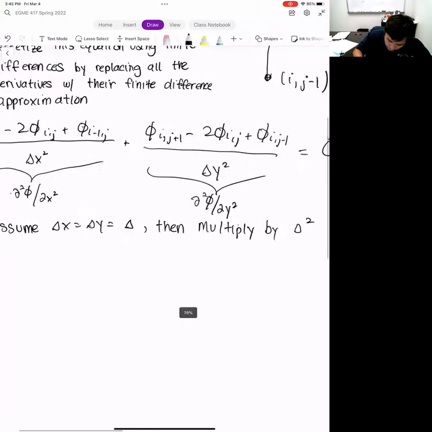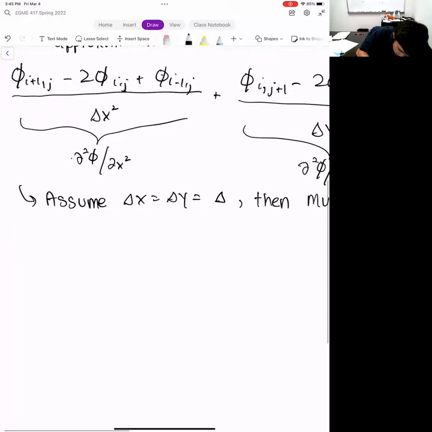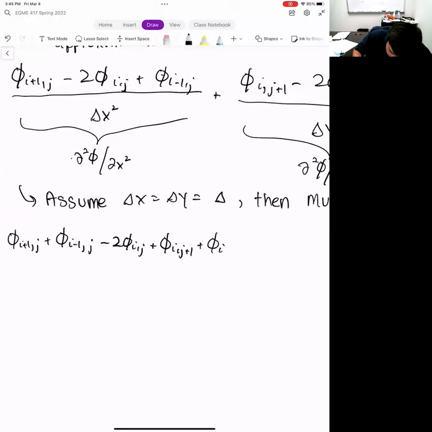If we do that, then what we're left with on the left-hand side is phi i+1,j plus phi i-1,j minus 2 phi i,j, plus phi i,j+1 plus phi i,j-1 minus 2 phi i,j is equal to q delta squared.